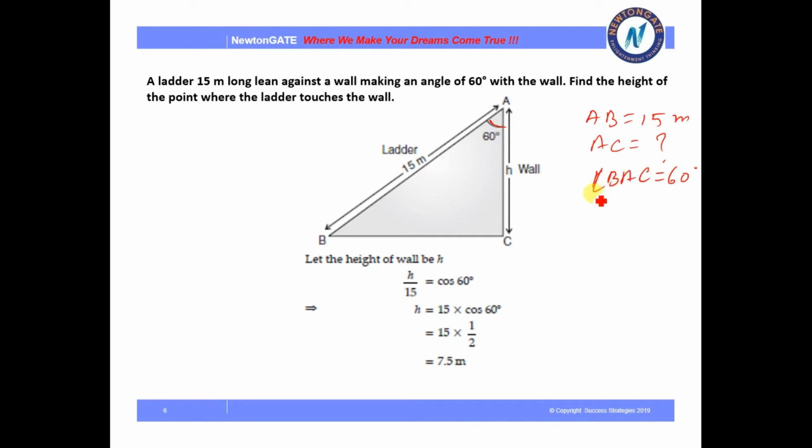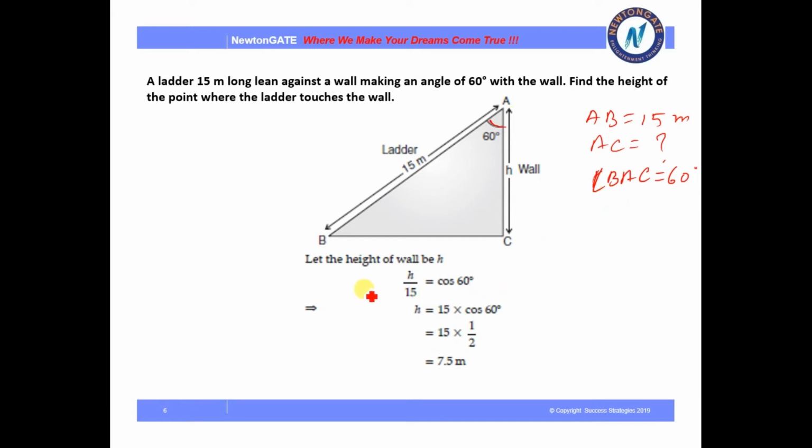So from angle BAC, what can we say? We need to take cos of 60 degree. From the angle given, we need to use a trigonometric ratio. So in this case, we will use cos 60 degree. Why? Because we need to find the height of the wall and we are given the length of the ladder.